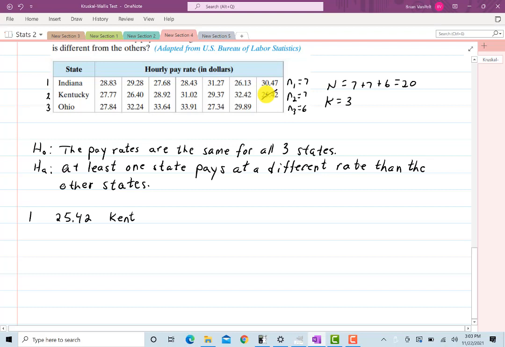The next lowest item on the list, it looks like it might be 2613. And that came from Indiana. Then after that, it looks like 2640. And that came from Kentucky.